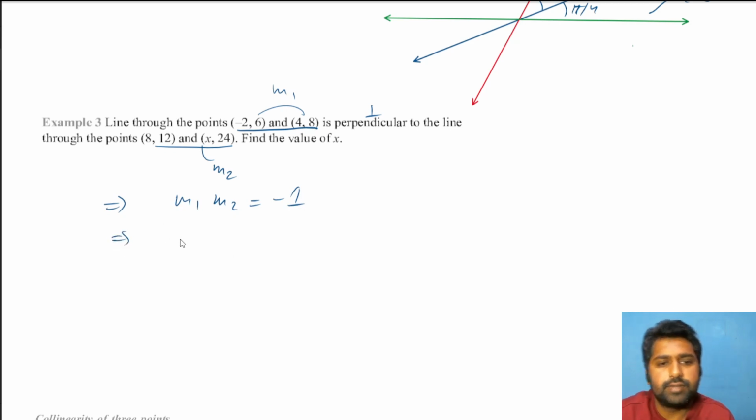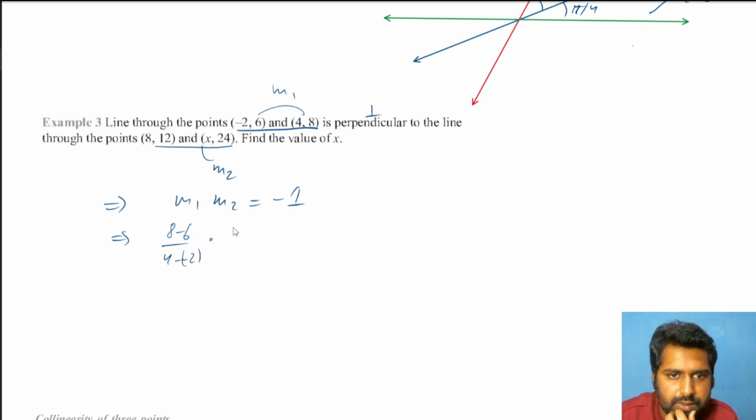Let's find the first slope: 8 minus 6 upon 4 minus minus 2, into the other slope, which is 24 minus 12 upon x minus 8. Multiply them, should get minus 1.